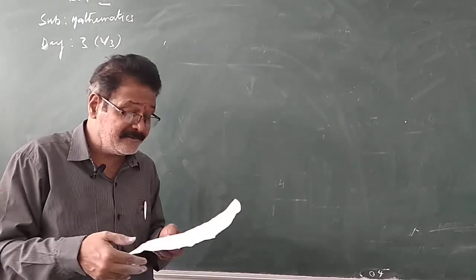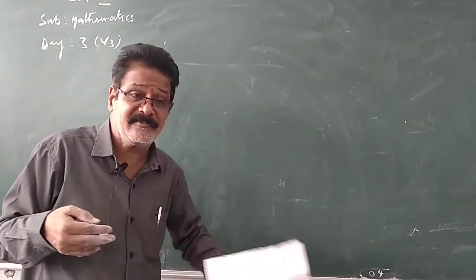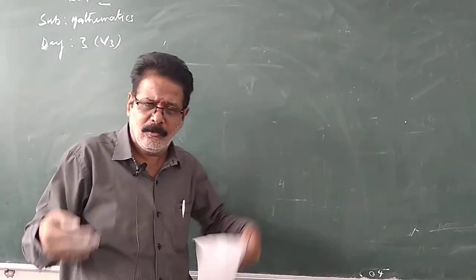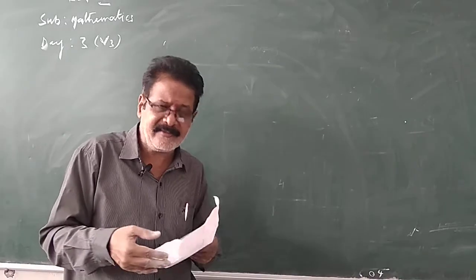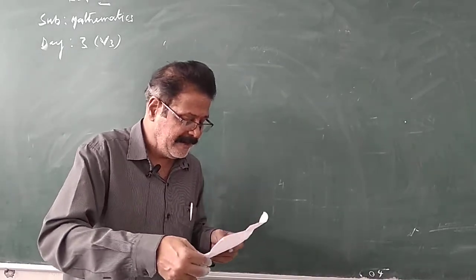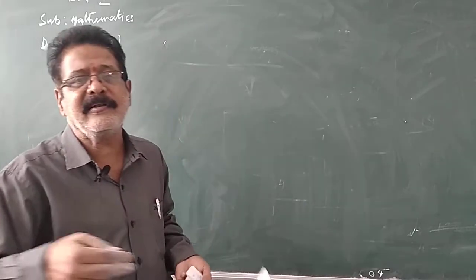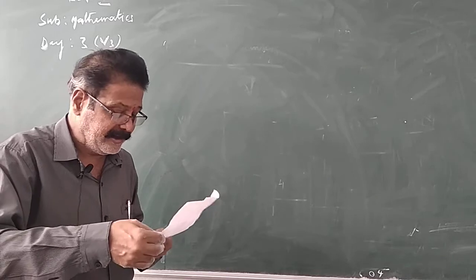They are called irrational numbers. Who discovered the first irrational numbers? Pythagoras, the famous mathematician and philosopher.